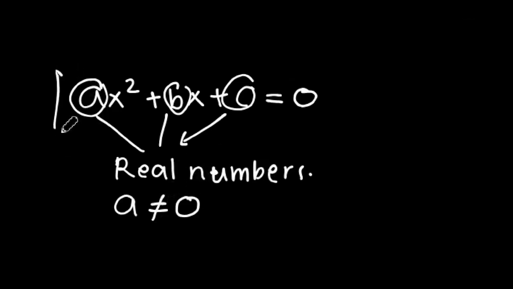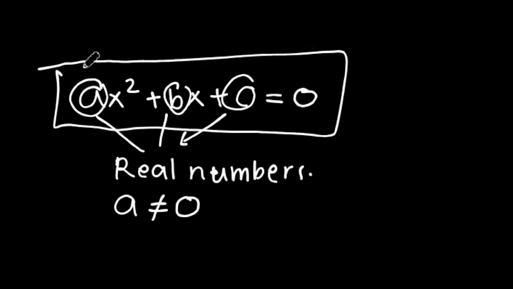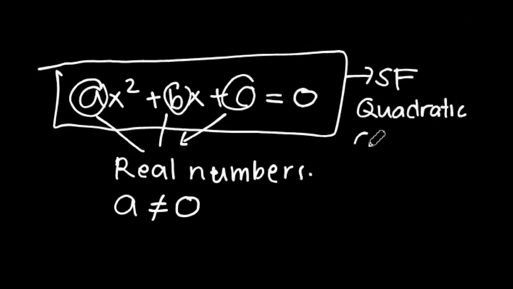This is also called the standard form of a quadratic equation. Now, as you can see, this quadratic equation in the standard form is also called the second degree polynomial. Why?